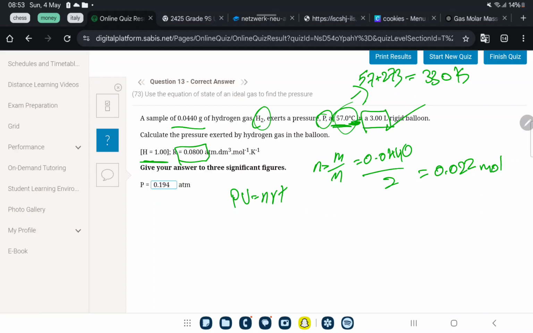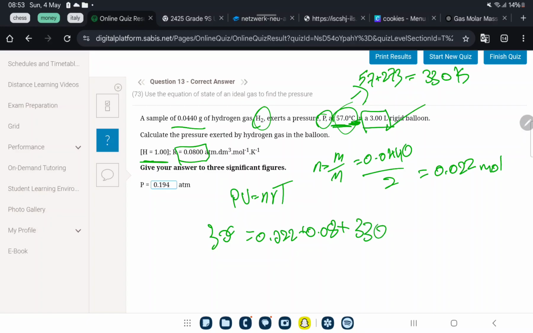So P is X, V is 3, n is 0.022, R is 0.08, where capital T is 330.